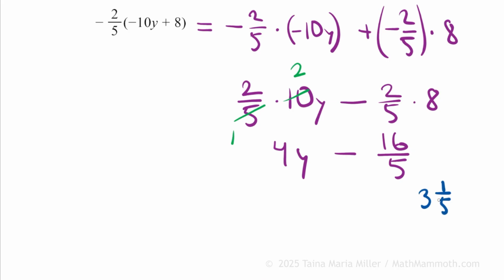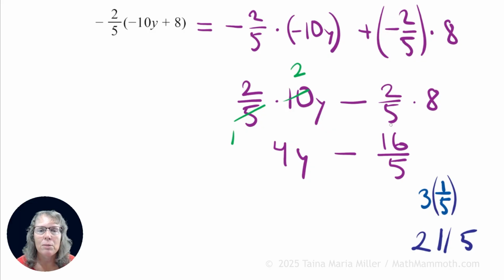But in algebra, we tend to avoid using mixed numbers because they are easily confused with multiplication. For example, it could be confused with 3 times 1/5. Or if you write 2 1/5 a little bit sloppy, it could look like 21 over 5. So that is the reason that we prefer fractions over mixed numbers.